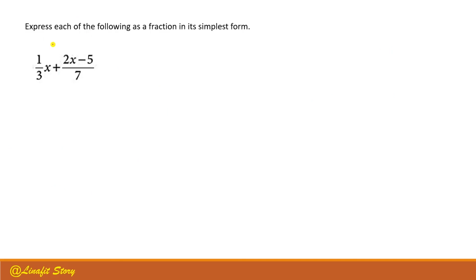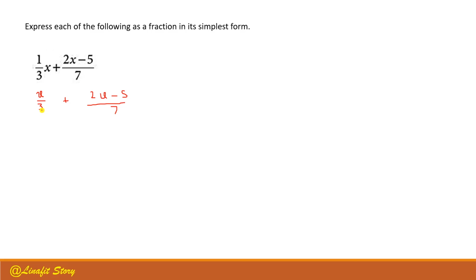Express each of the following as a fraction in its simplest form. 1 out of 3x plus 2x minus 5 out of 7. So this is x out of 3 plus 2x minus 5 out of 7. We will convert to equivalent fractions.